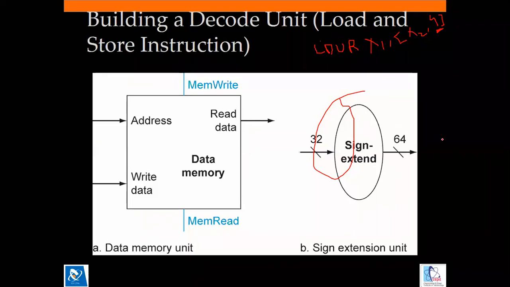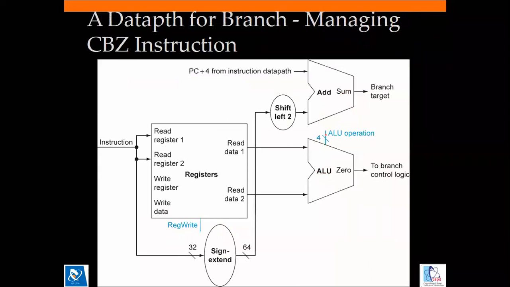The third one is how to manage the branch. If you recall the CBZ instruction, compare and branch if the register is 0: the register is having value 0, and here the next value is the address where it is required to go, let's say 30.